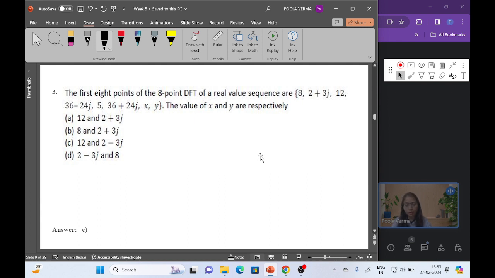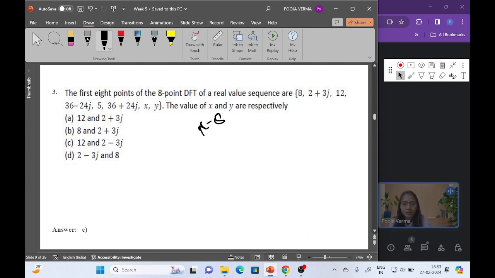So we have already gone through this question, but included it for this session. This is the complex conjugate property of a DFT. So how will we solve this question? N is equal to 8, so this is an 8-point DFT.